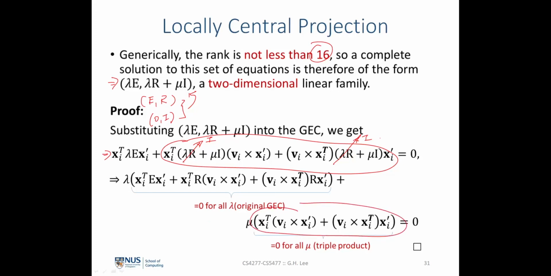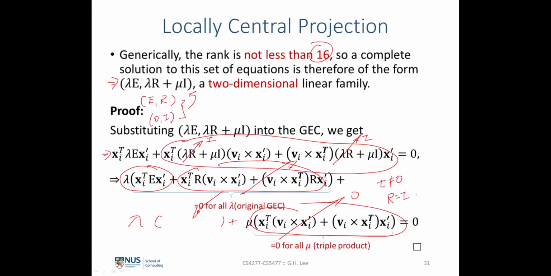We'll get this whole term multiplied by lambda plus this particular equation over here. In this case, this term would become this term here, and we get this particular term to be equal to 0. So what it means is that this triple product will vanish under pure translation. This means that t is not equal to 0, but R is equal to identity.